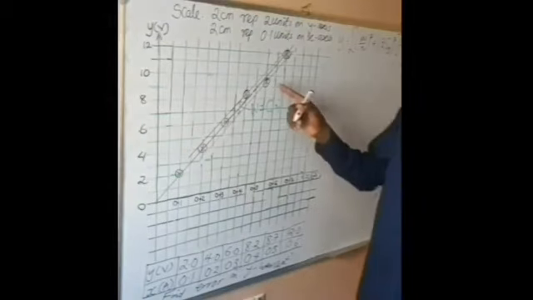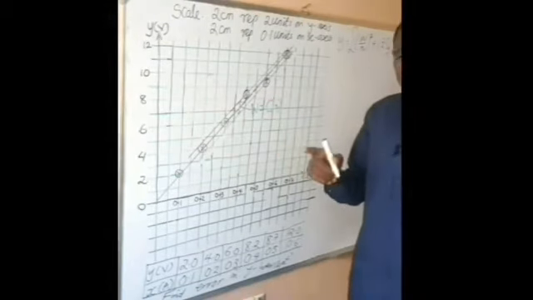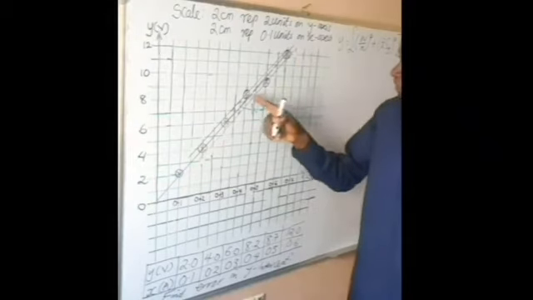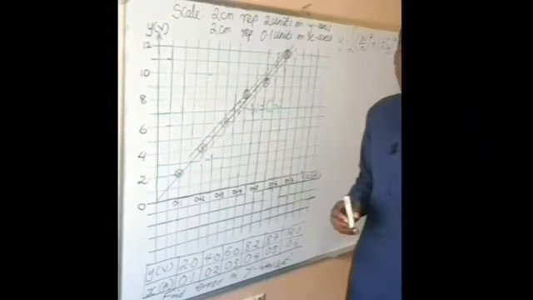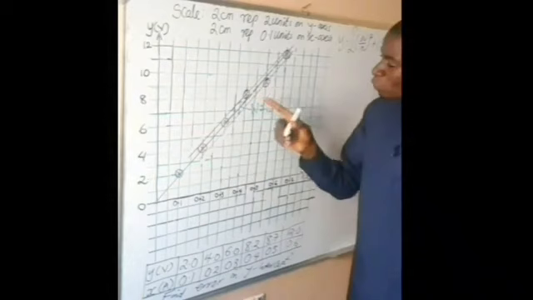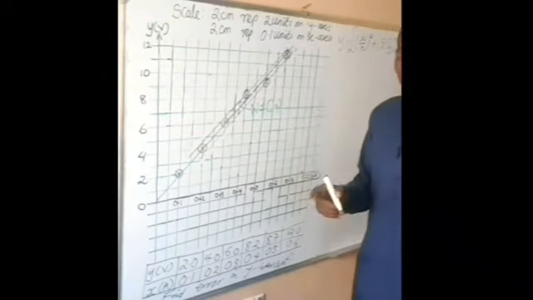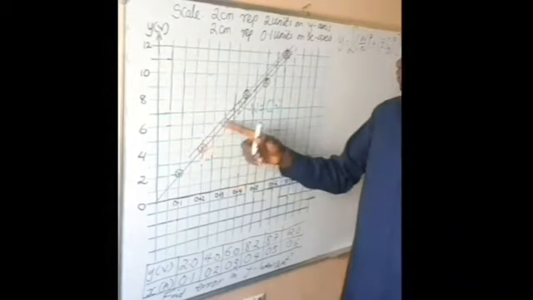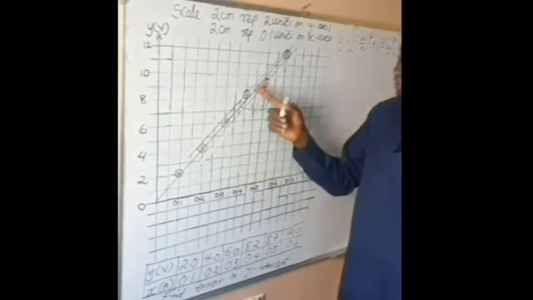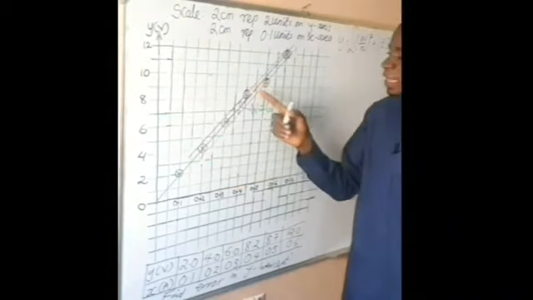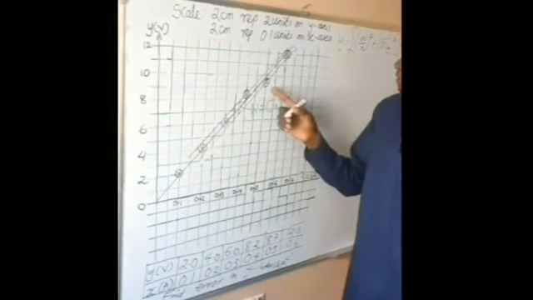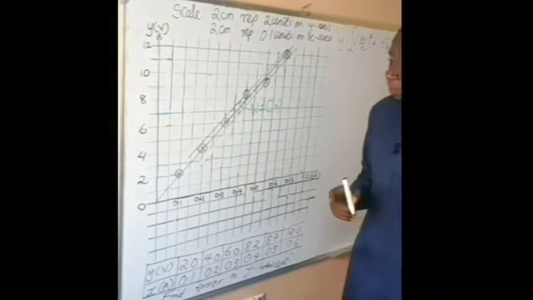Unfortunately, we have 2 different points that are out of the line of best fit. As you can see, this and this are out of the line of best fit. These 2 points are going to help us find our W. You just have to draw a straight line on the first one that is out of the line of best fit, and draw another straight line on the other that is out of the line of best fit.